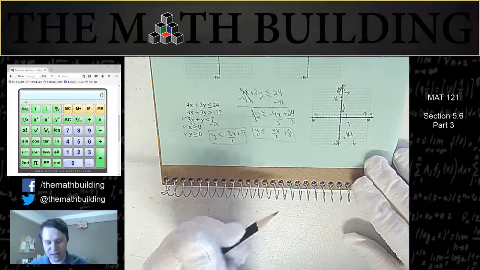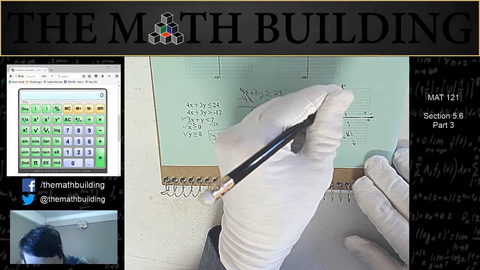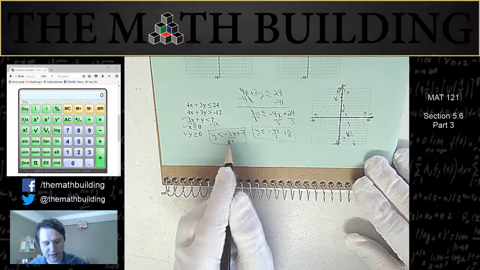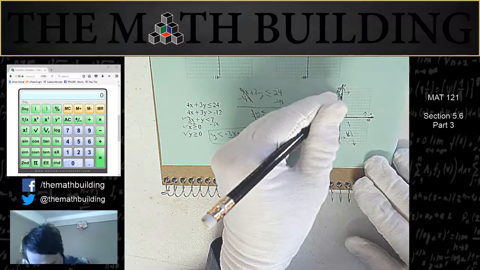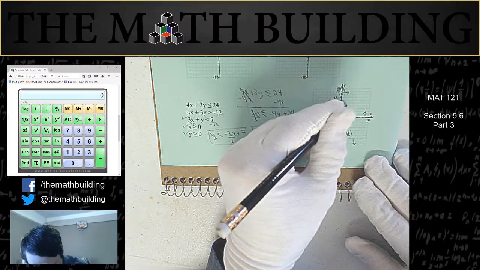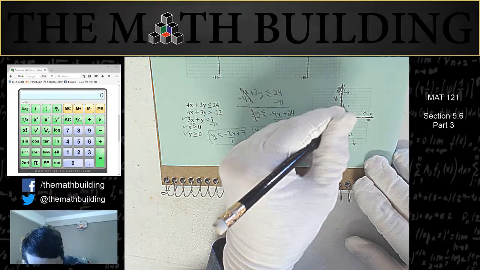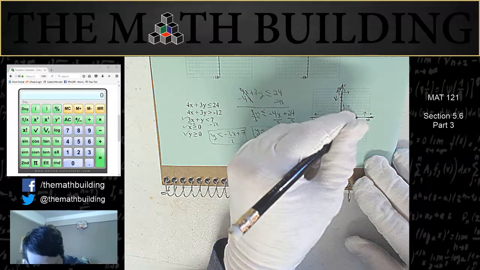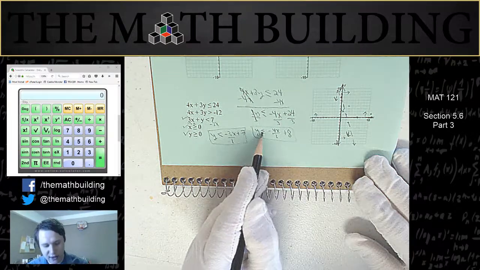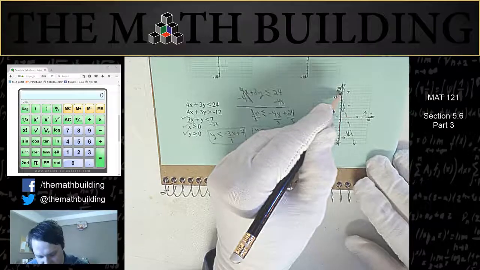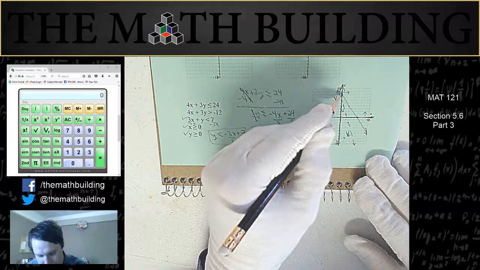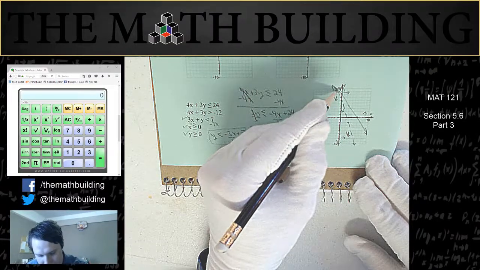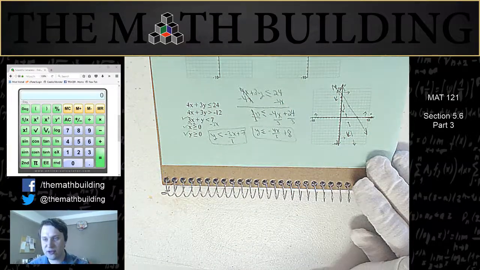So now let's graph this line. We have a y-intercept of 8, which is 1 higher than this line. And then it's going to be down 4 over 3, down 4 over 3. This is a solid line because of the equal sign right here. So there's our solid line.